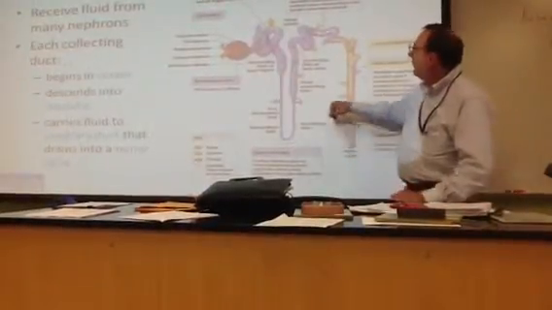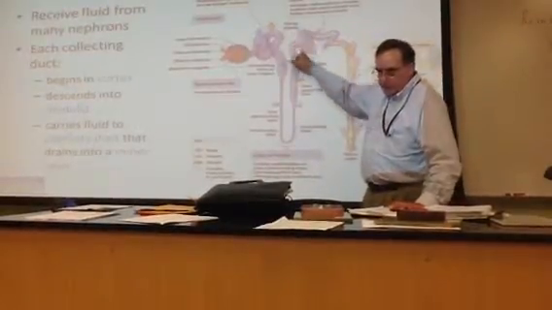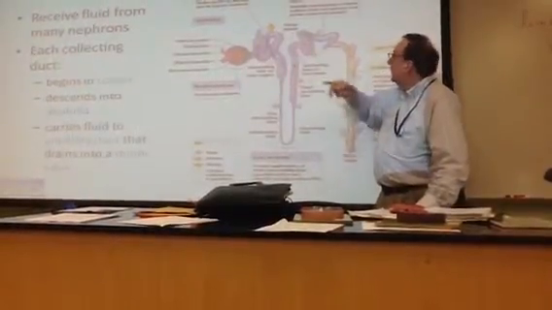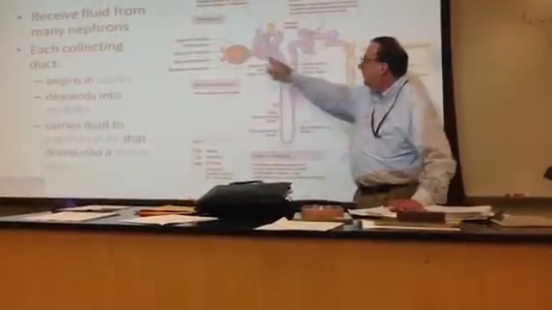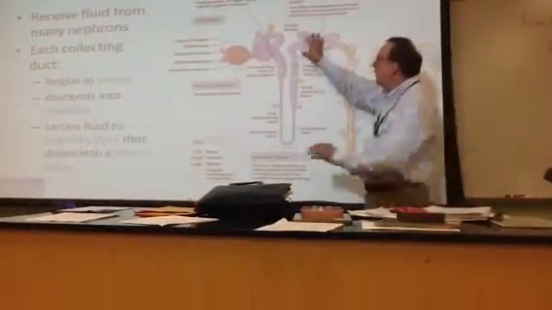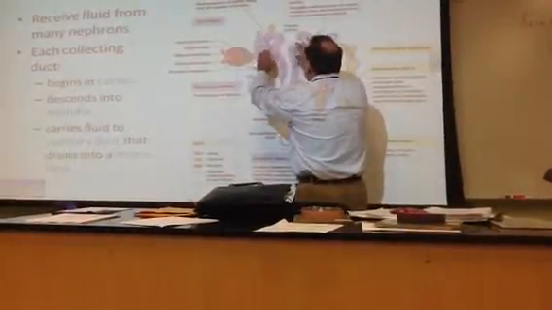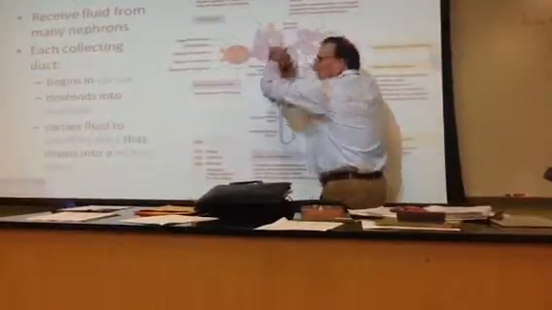Then we have another region, where the tubes again become convoluted. It's the distal convoluted tubule, because this end is further away from the Bowman's capsule. In actuality, these two regions are not separate like this. These two convoluted regions are all mixed together.